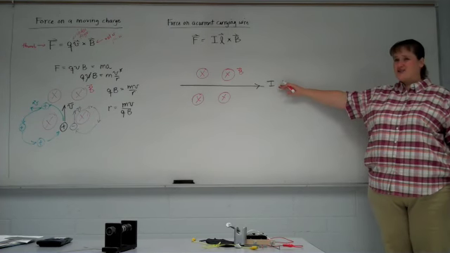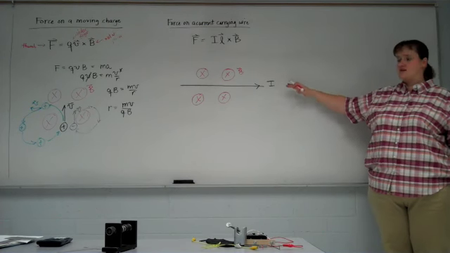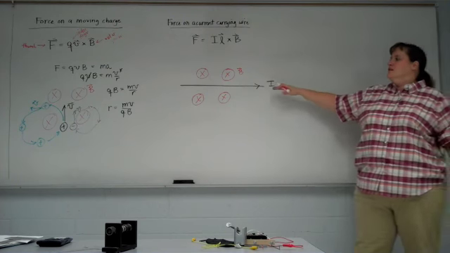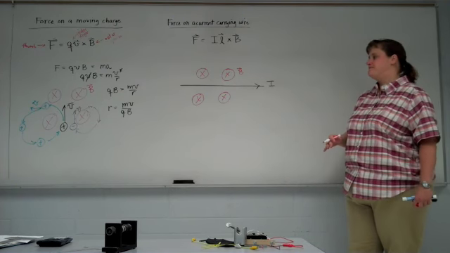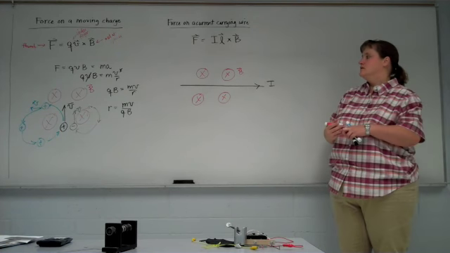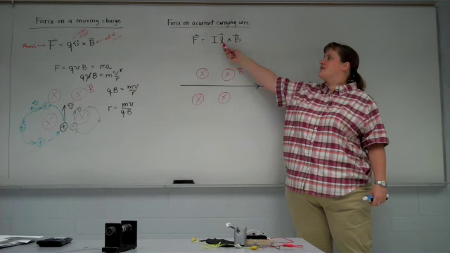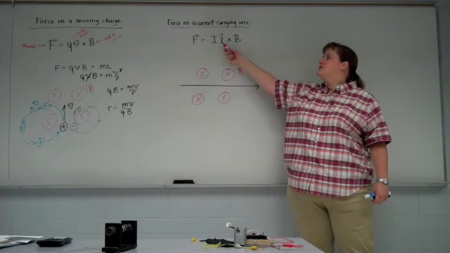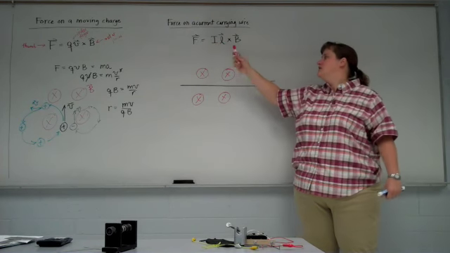Now the wire is creating a magnetic field, but a long straight wire cannot exert a force on itself. So this magnetic field is external. It's something else that's creating it. L represents the length of your wire. The direction of L is the direction the current is flowing.